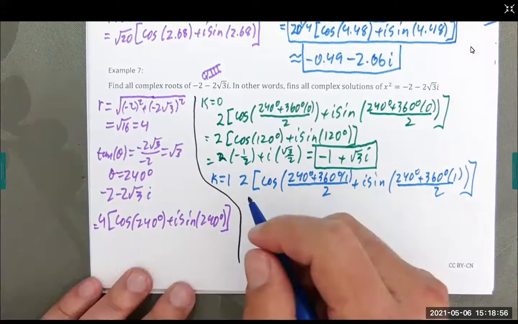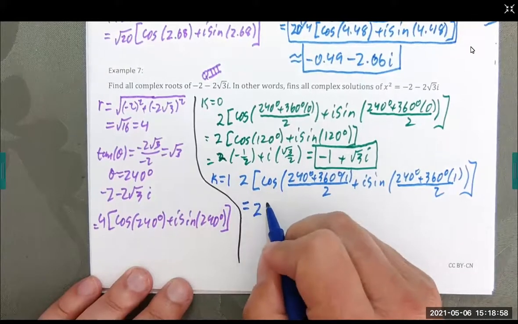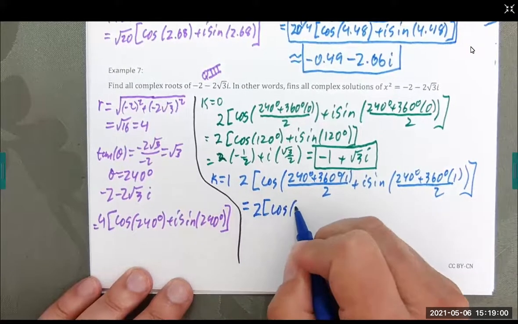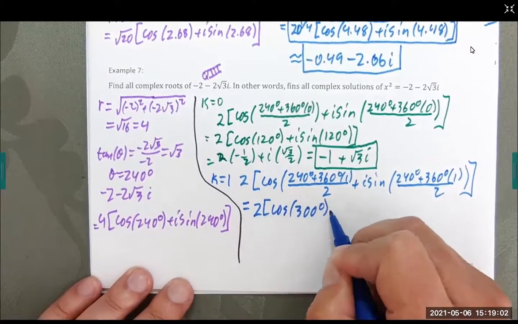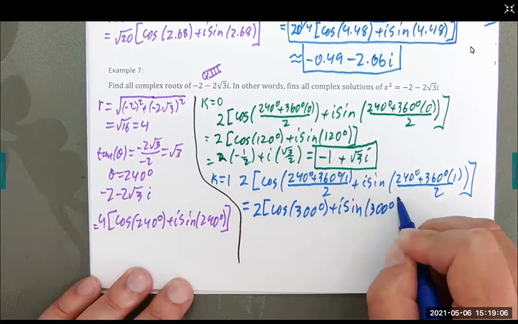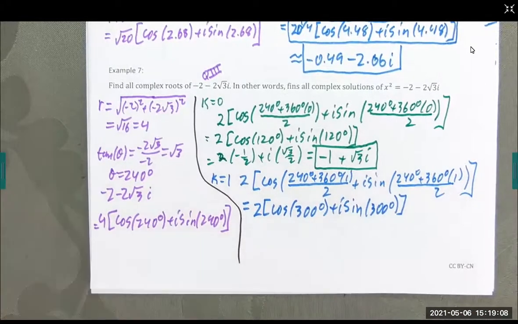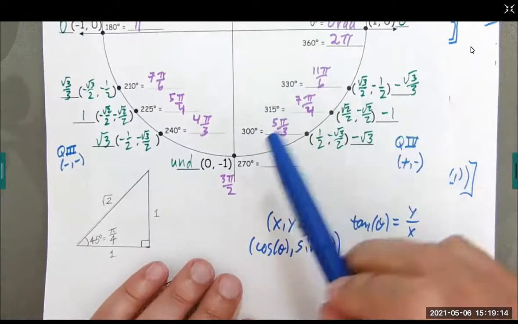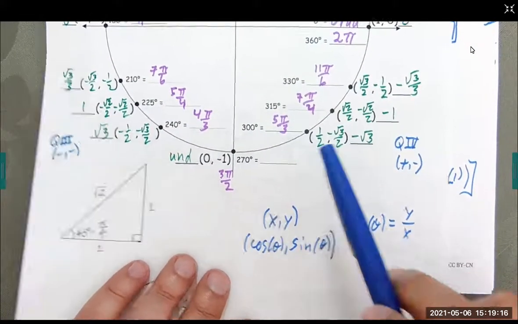Also within our unit circle, so 2 cosine of 300 degrees plus I sine 300 degrees. Here's 300 degrees. Cosine is the +1/2.